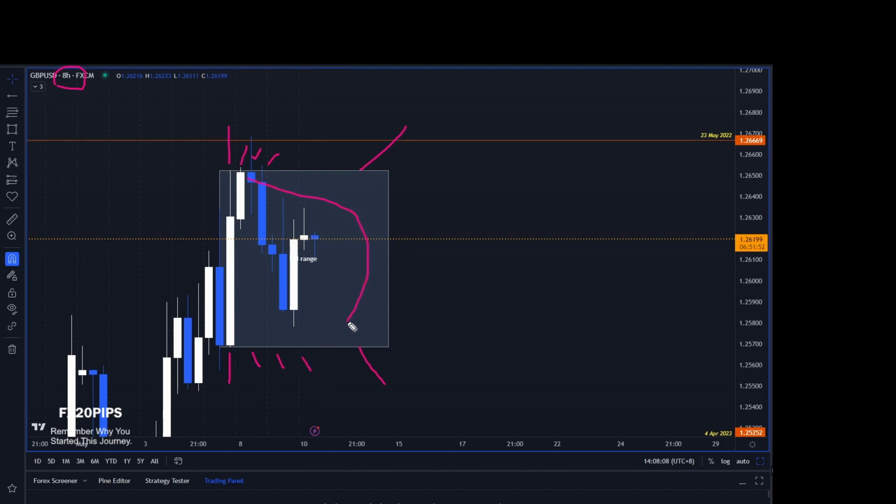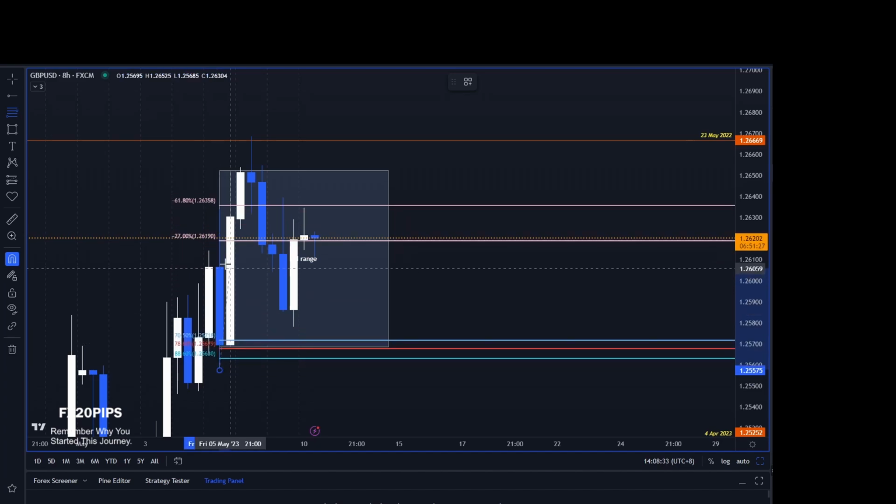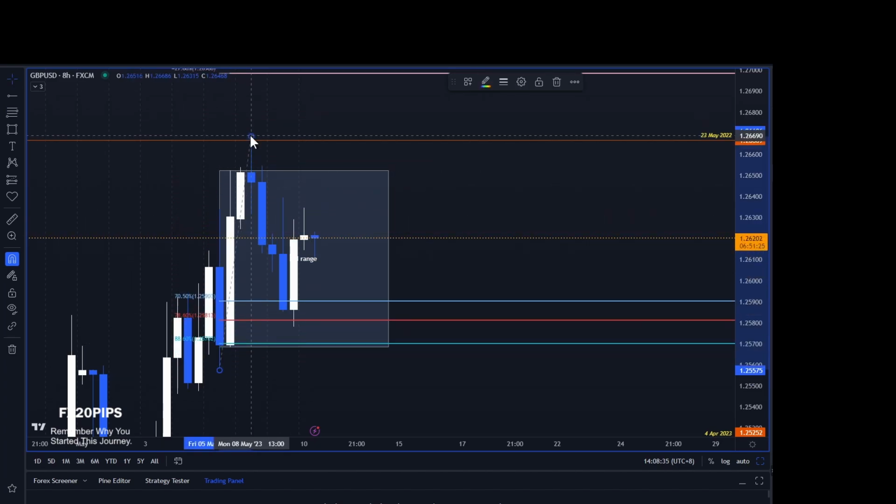So the candles are still, buyer and seller are still trapped within this huge candle here. And yesterday, I had also drawn a fib from here right up to here. Okay. And I mentioned about taking an entry here.